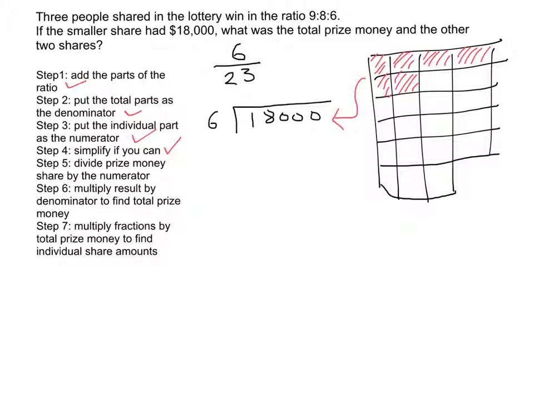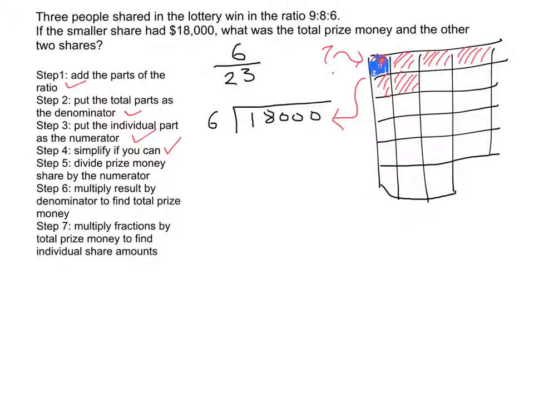So we want to find out just one. So if we find out just one of these squares, and I'll highlight just one in blue, if we find out what one square is worth, then that means in order for us to find out the total prize money, because right now all we know is that these 6 squares is 18,000.